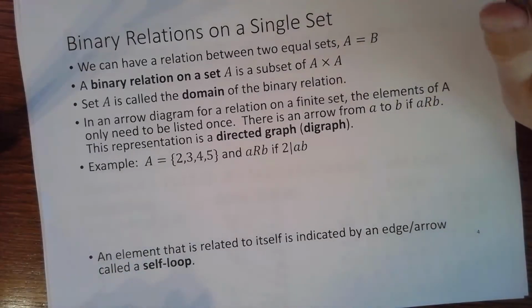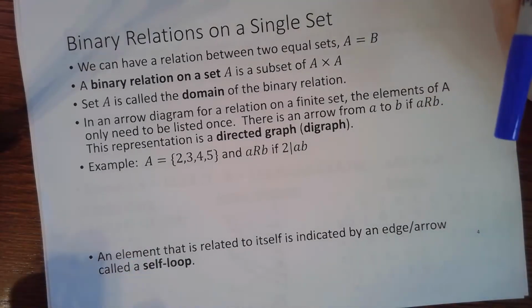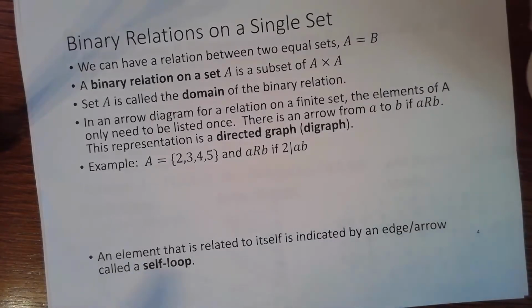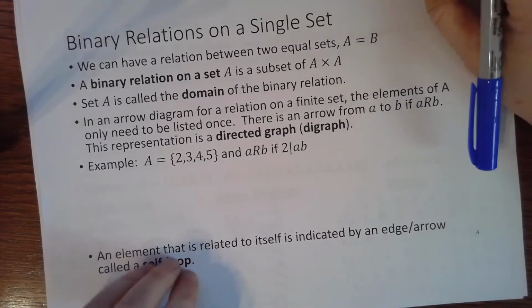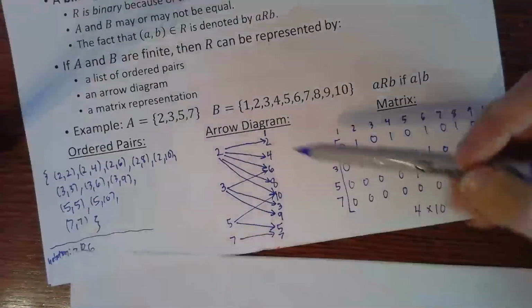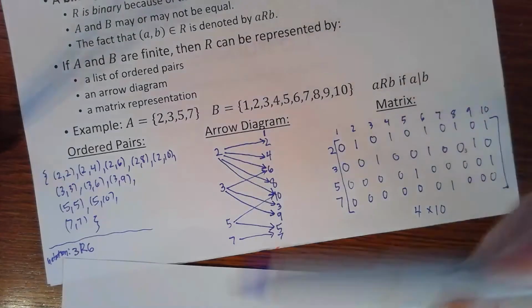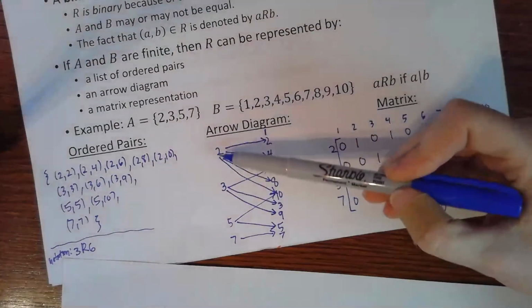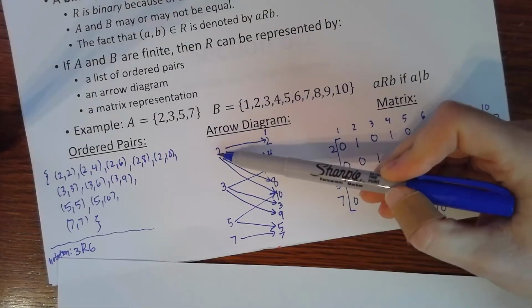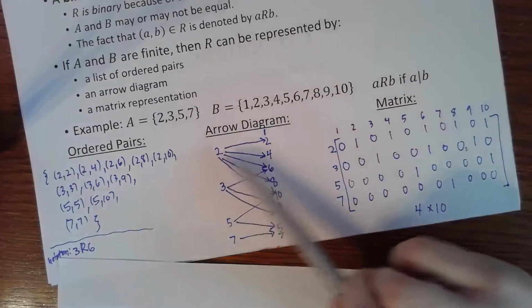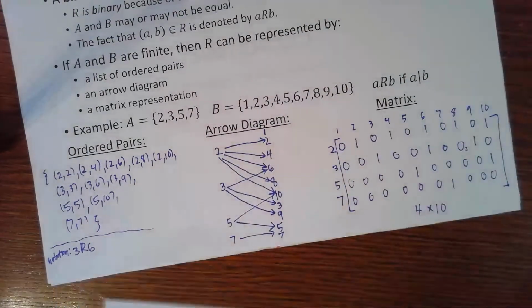We'll do an example, so hopefully that will be clear. There's no reason to list everything twice, because that just makes the diagram too big. If I have 2 listed twice, 3 listed twice, 5 listed twice, 7 listed twice, it just makes it too big when I know there's a 2 on both sides, so rather than repeat it, I'll just draw an arrow one time.